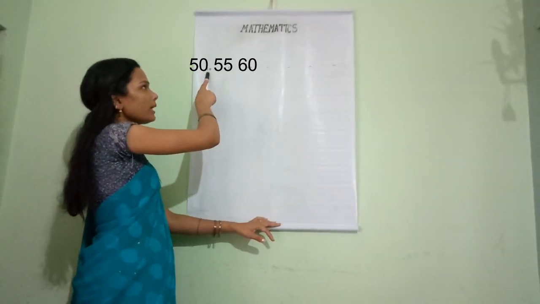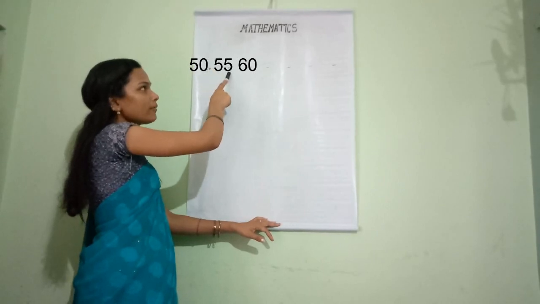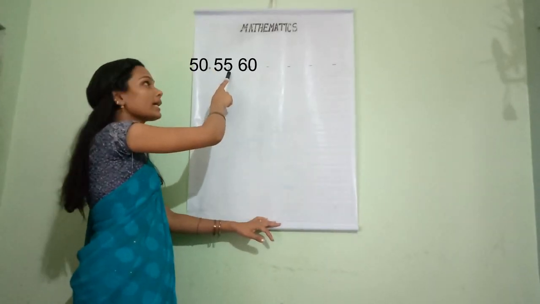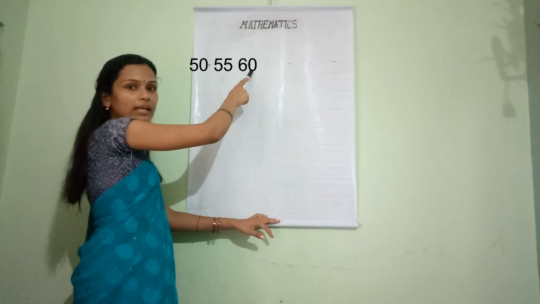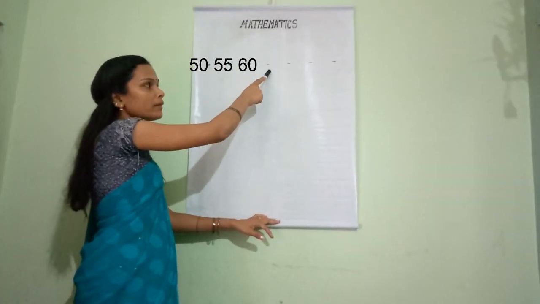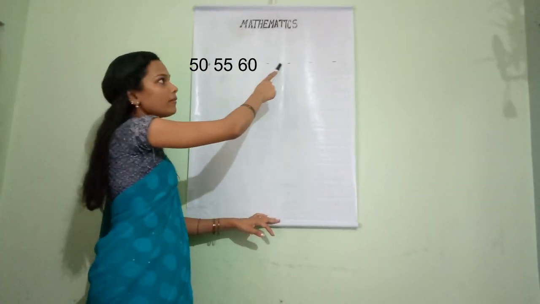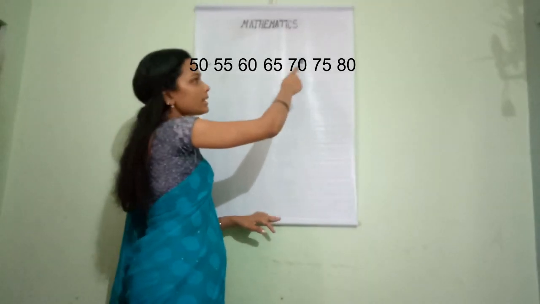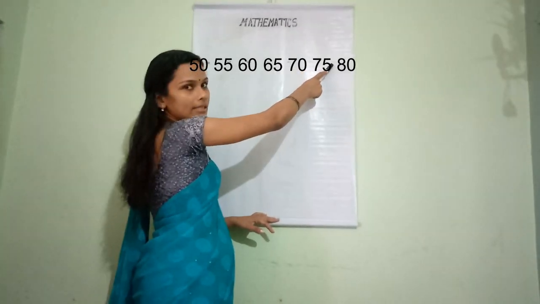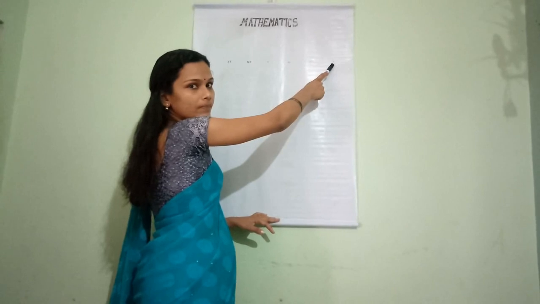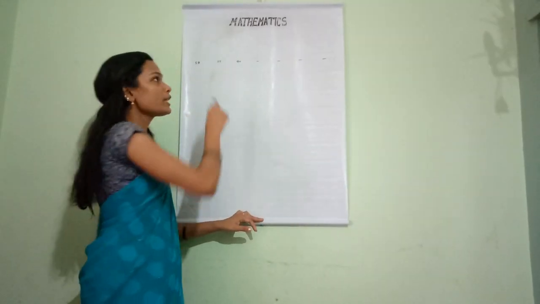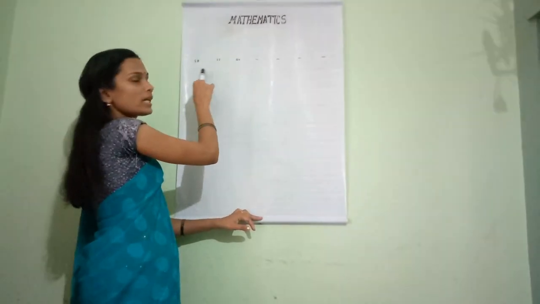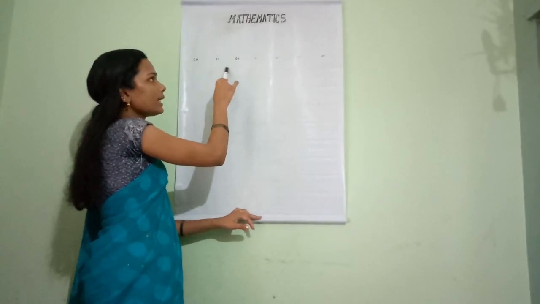Here 50, then add 5, we get 55. Again add 5, then we get 60. Then the next numbers will be 65, 70, 75, 80. Here we can see the difference between two nearest numbers is the same.